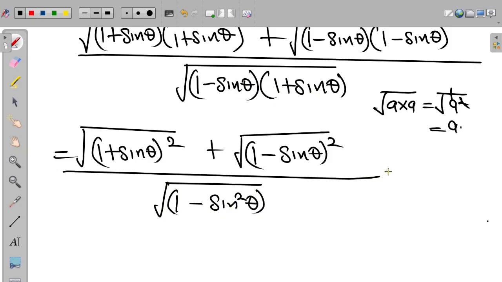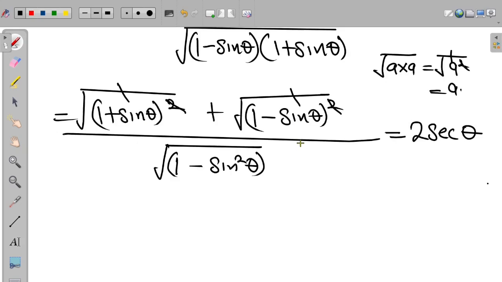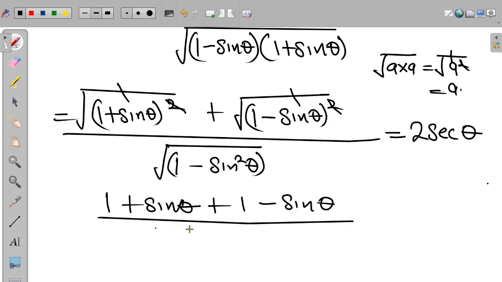So don't forget that we have to show that this is equal to 2 sec theta. At this point, the square will cancel out the root. So therefore, at the numerator, we are left with 1 plus sine theta plus 1 minus sine theta, divided by root of 1 minus sine squared theta.